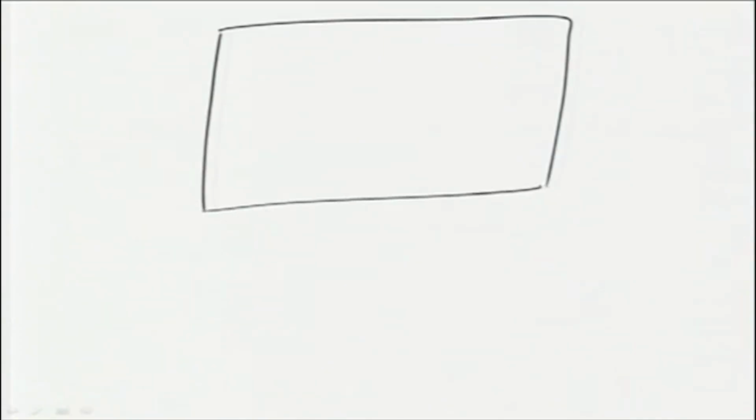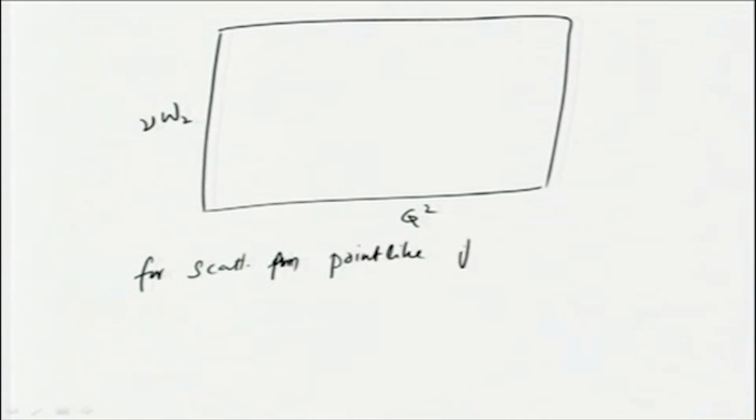So, what we expect in such cases, for example, if you plot nu W2 as a function of q square for scattering from point like particles, is that nu W2 is an independent function of q square, meaning it is a constant as far as q square is concerned.